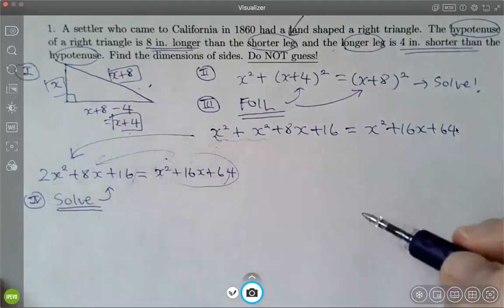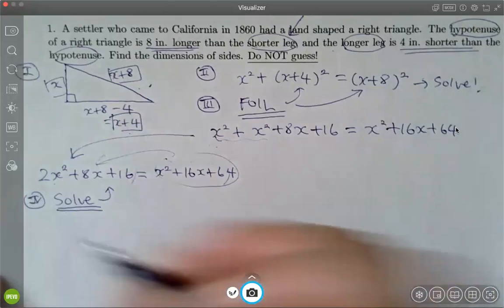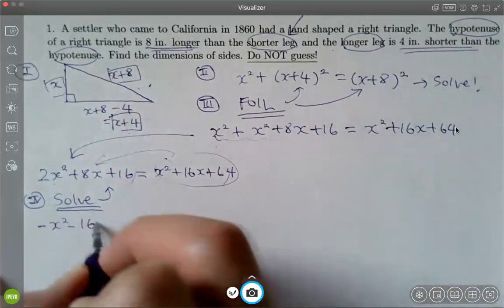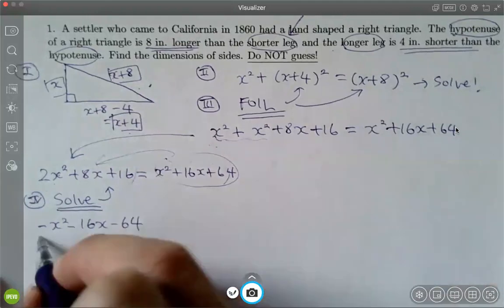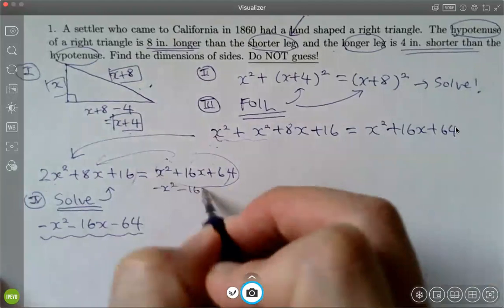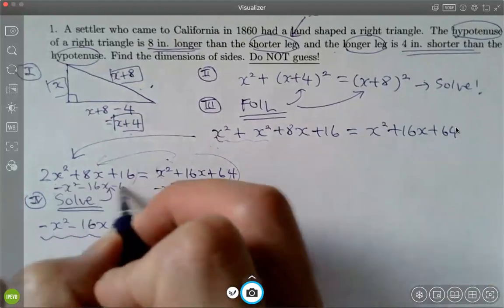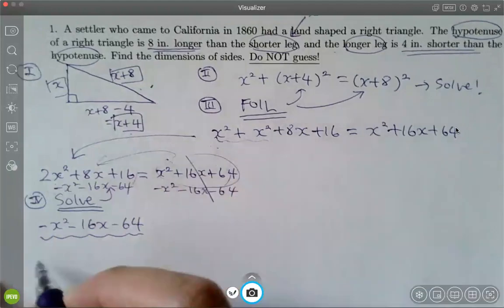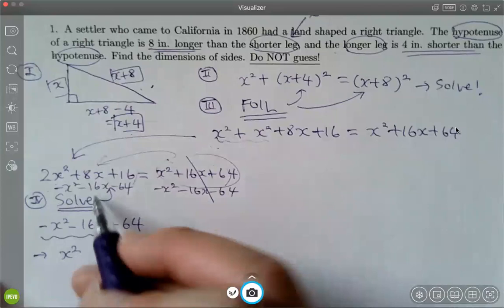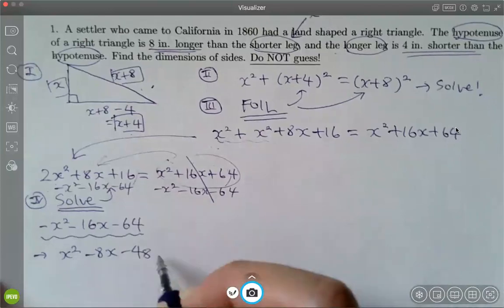So to maintain the positive coefficient for x squared, we subtract x squared, 16x, and 64 from each side. So what do we get once you simplify? We get x squared minus 8x minus 48 equals 0.